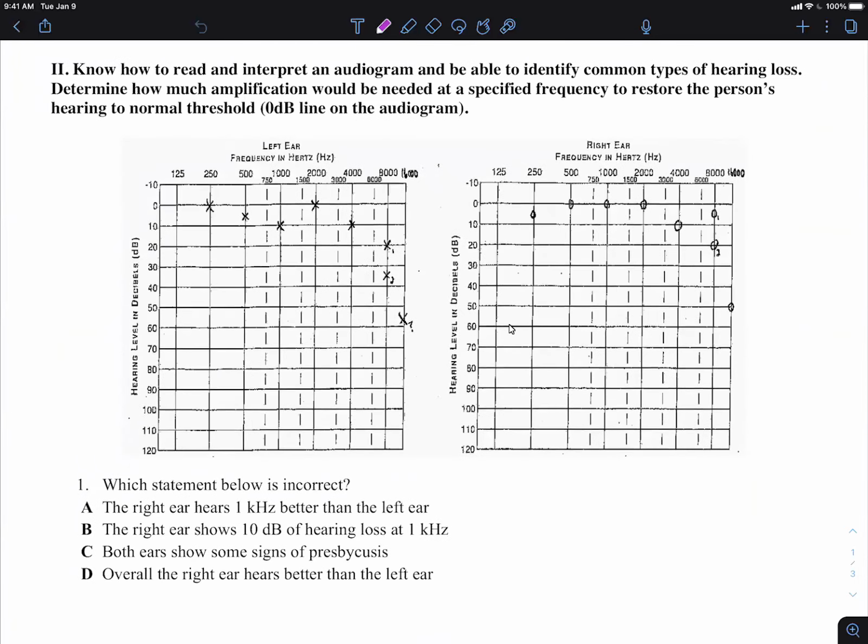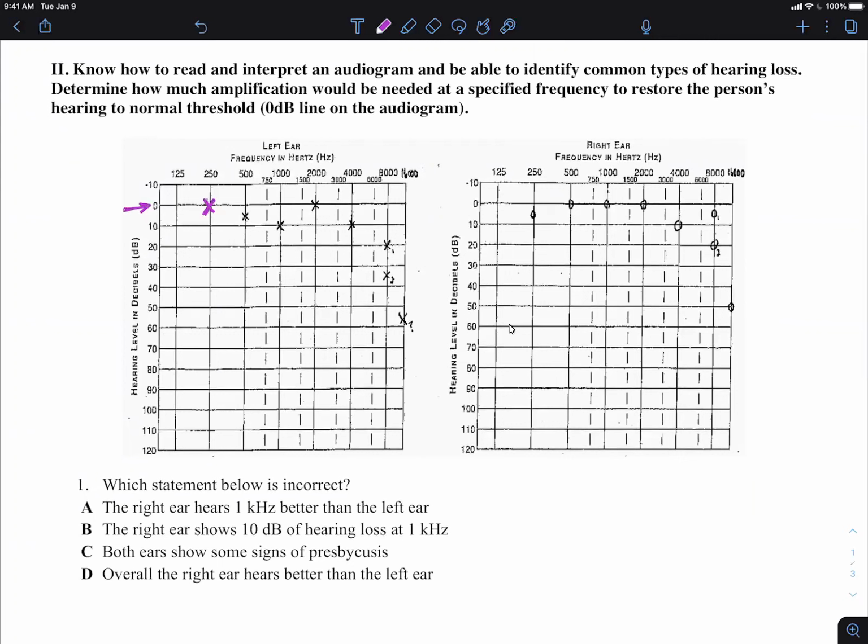Okay, so the first thing to do is to know how to read and interpret an audiogram and identify different kinds of hearing loss. So, for example, this person at 250 hertz, this X right here that I'm putting in purple, that is on the 0 line. So that is what we refer to as normal hearing threshold.